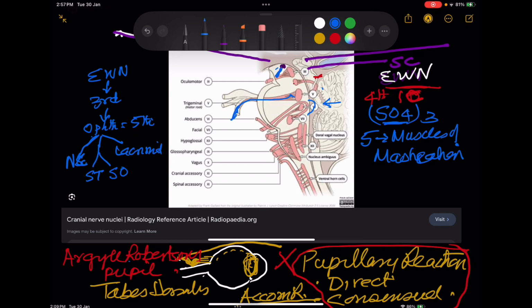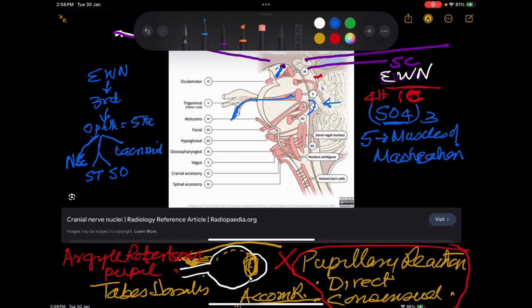So the 6th or the abducent nerve is called the weakling of the cranial cavity. It supplies the lateral rectus, and if the patient is unconscious in head injury and you try to roll the head, the doll eye movements of the eyeball will demonstrate that lateral rectus paralysis. So that's the importance of the 6th nerve.